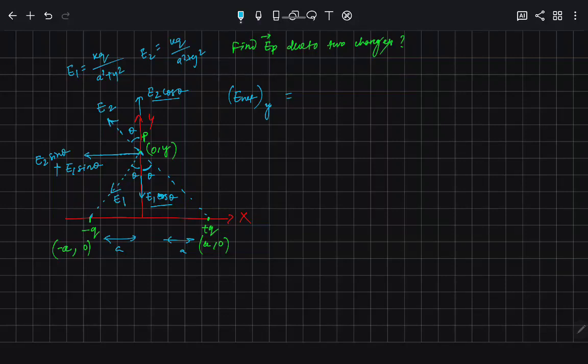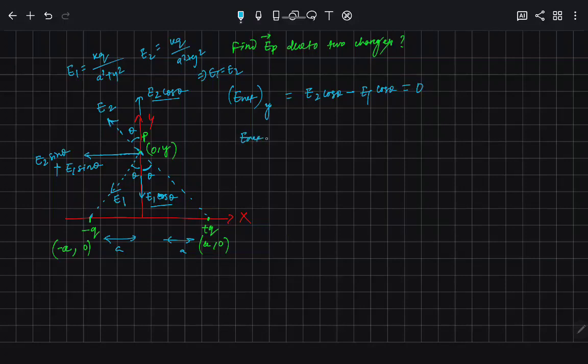So E net along y: if E1 equals E2, upward direction E2 cos theta, downward E1 cos theta, so E2 cos theta minus E1 cos theta is equal to 0.